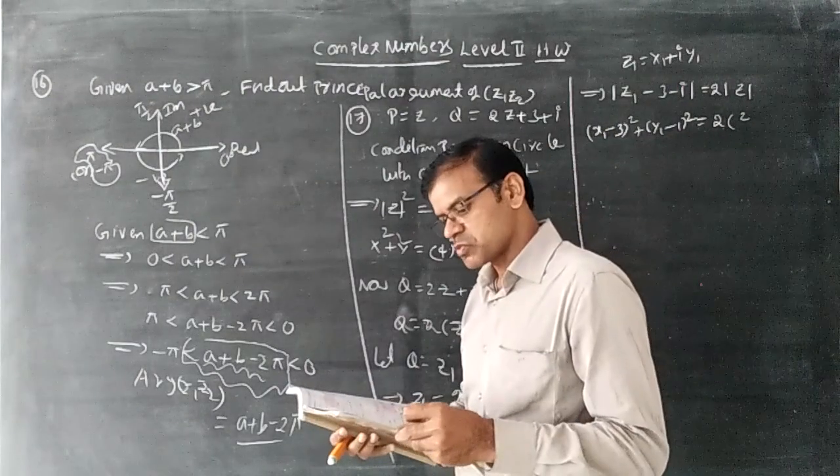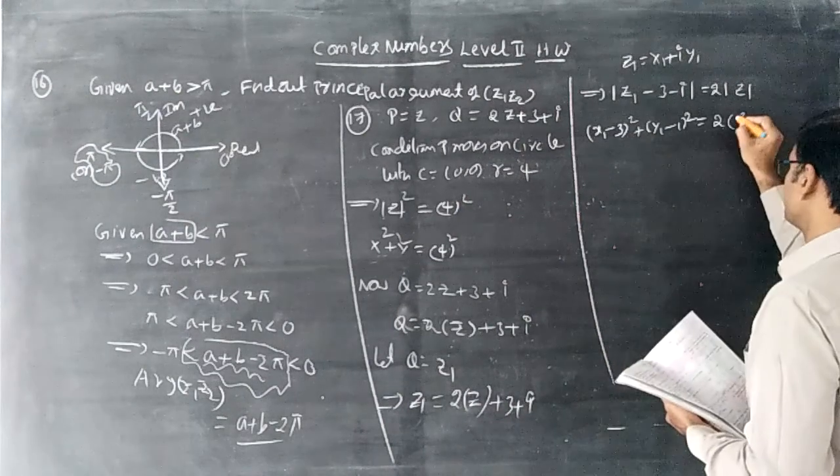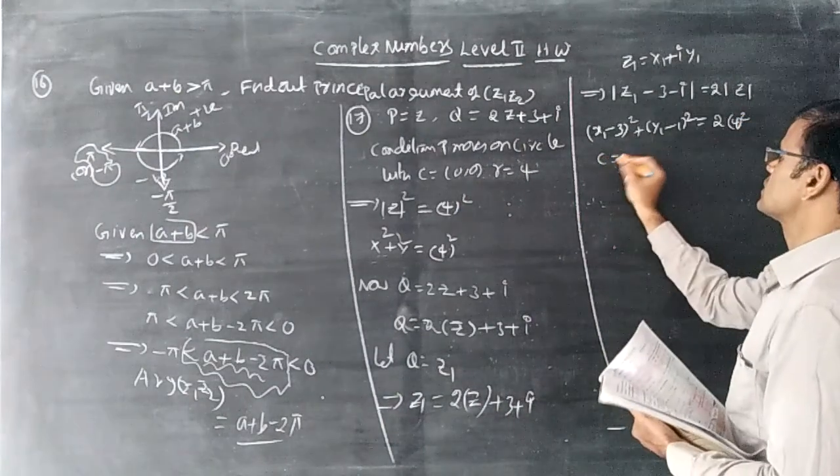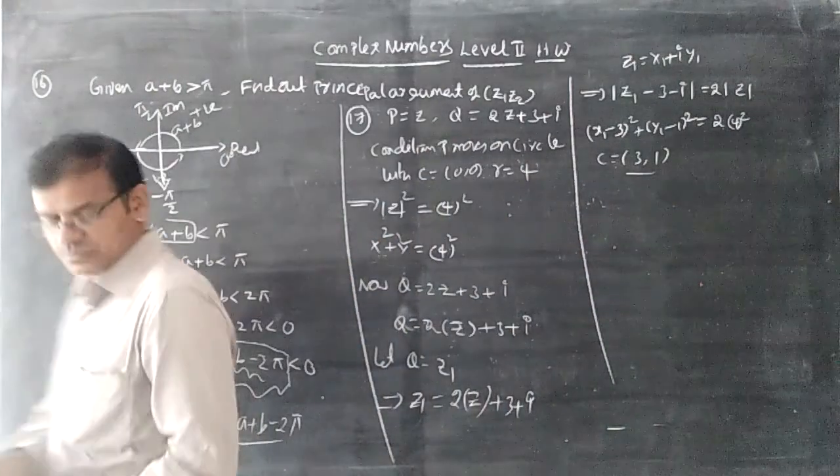He is asking only the center. So 2 into 4 square, right? Center C is equal to 3 comma 1 for the locus.